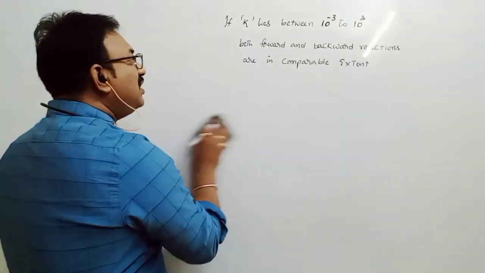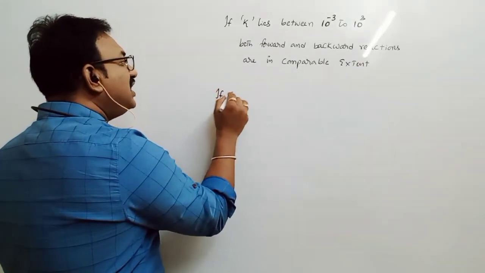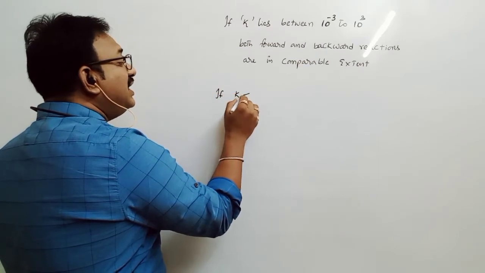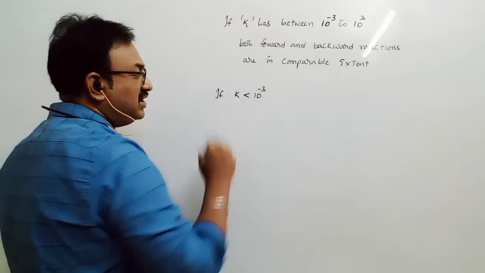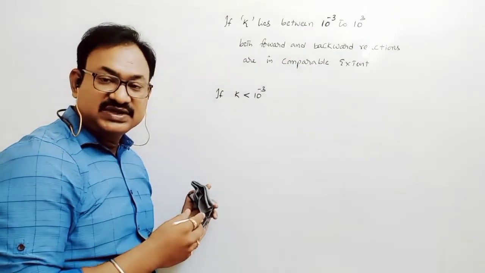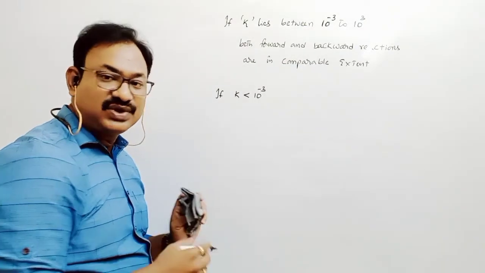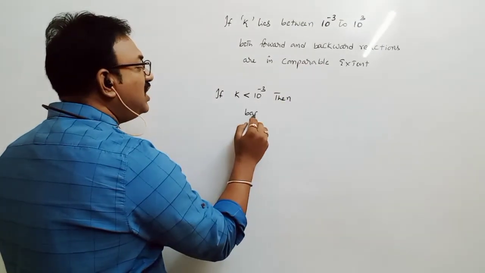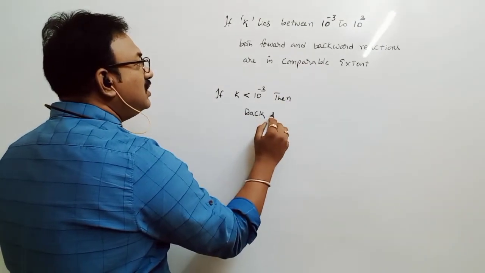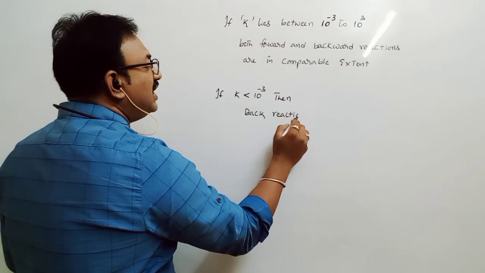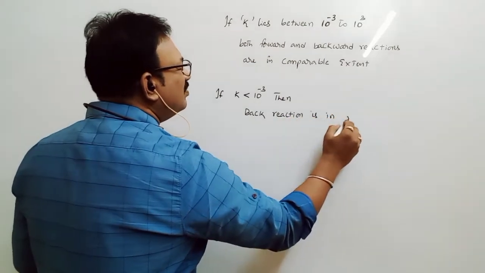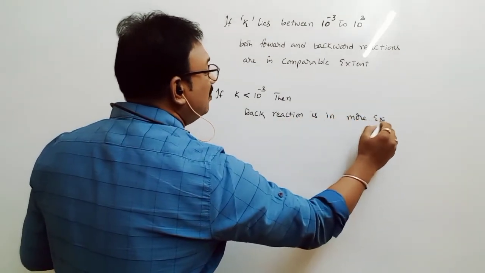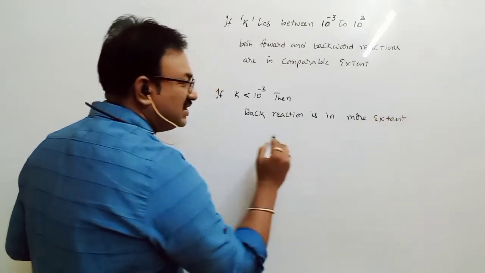Okay. And one more last point. If K is less than 10 power minus 3, if the value of equilibrium constant is less than 10 power minus 3, then backward reaction is in more extent. Backward reaction is in more extent, right?